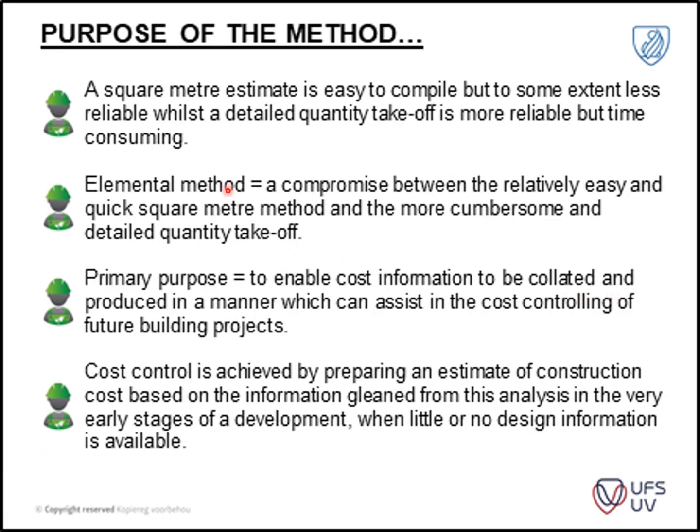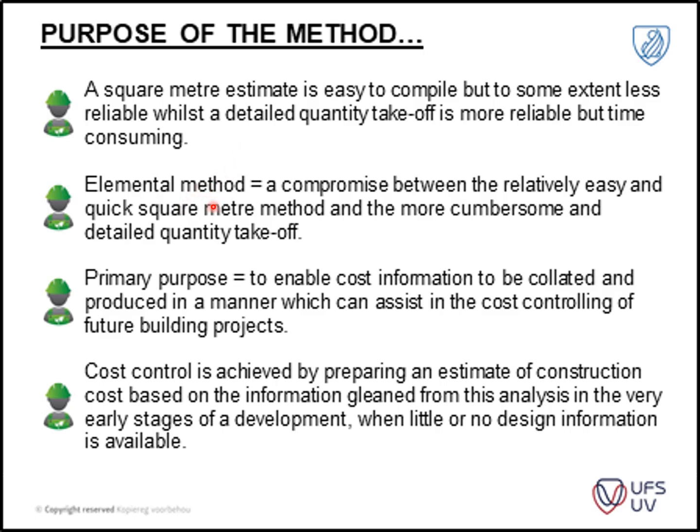So the purpose of the method: a square meter estimate is easy to compile, but to some extent less reliable, whilst the detailed quantity takeoff is more reliable. Whenever we derive our per square meter rates, it's always based on real projects where we had real quantities that were measured. So we always relate to that. Thus your per square meter estimate is only as accurate as the rate that you're using.